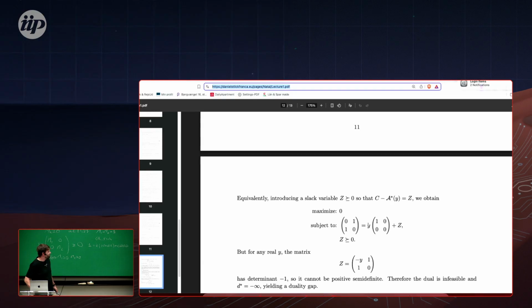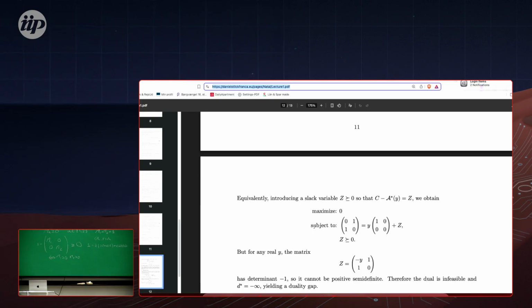The dual looks like this: you want to maximize 0, subject to this condition holding for Z a positive semidefinite matrix.